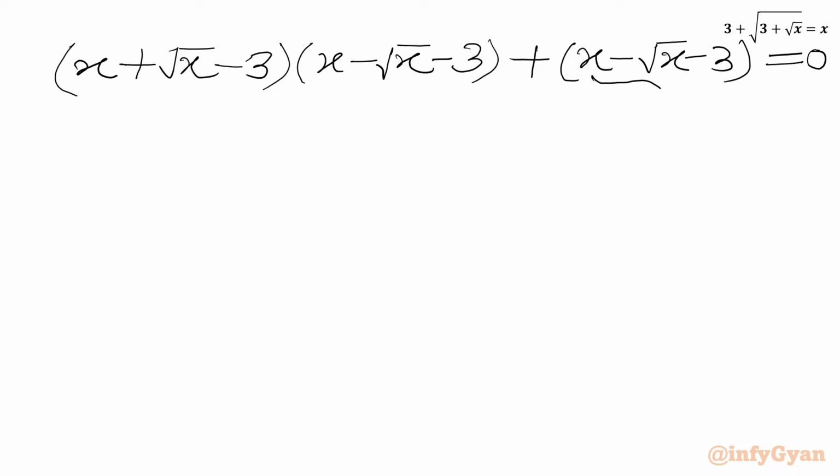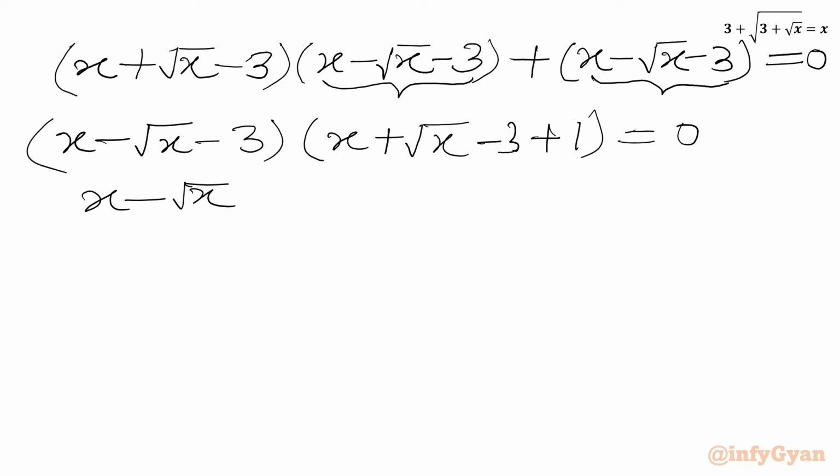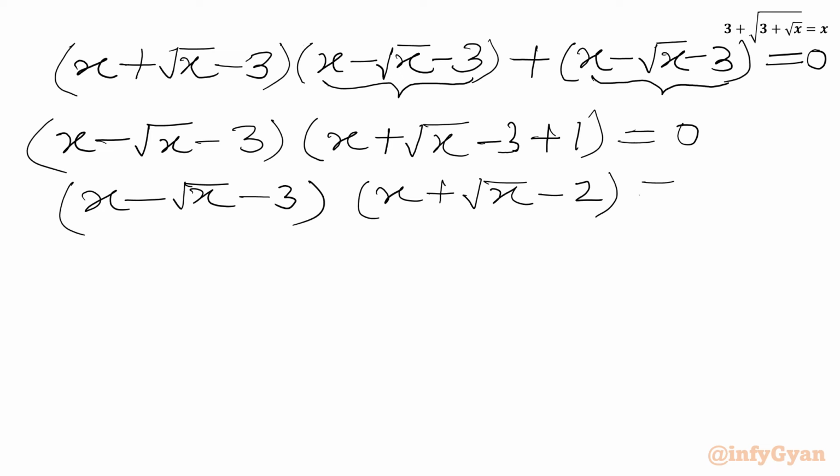Now we will take x minus root x minus 3 common out. Let's take common x minus root x minus 3. So in the bracket I will write x plus root x minus 3 plus 1 equal to 0. Or we can write x minus root x minus 3 in one bracket, in other bracket x plus root x minus 2 equal to 0.